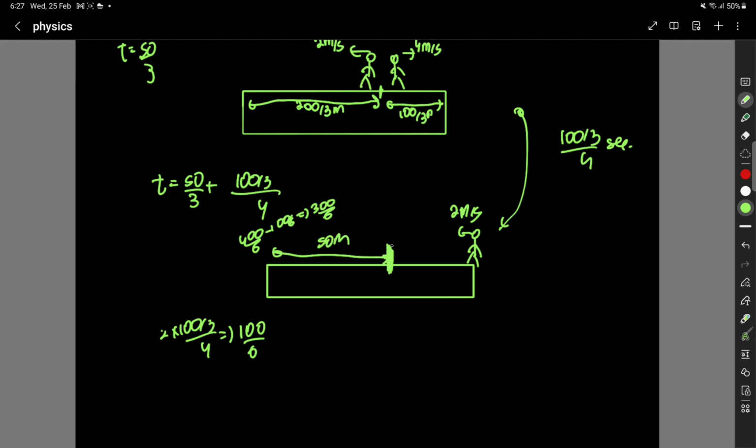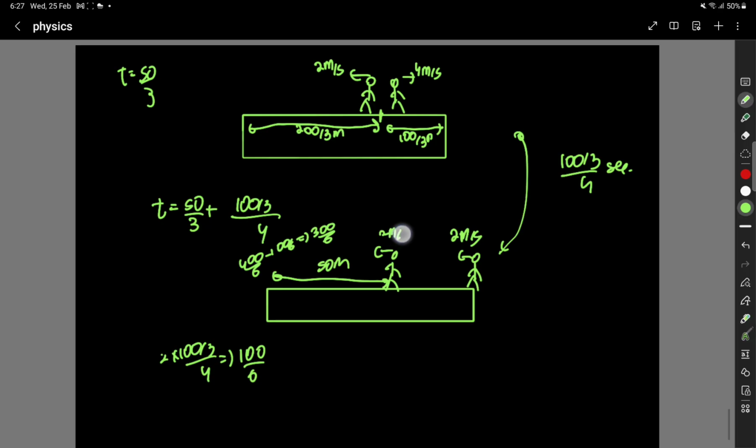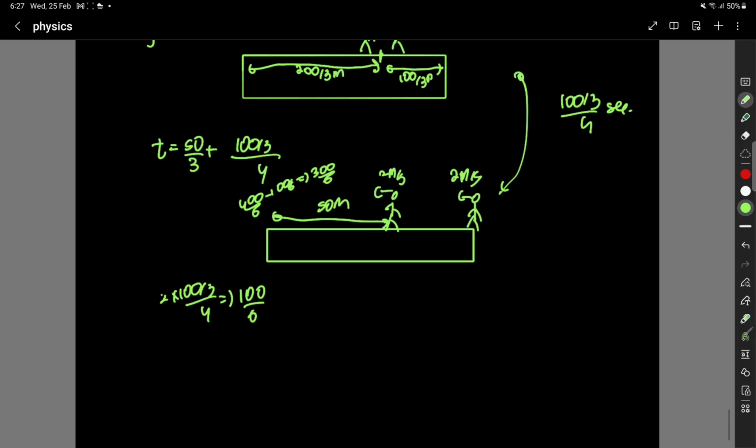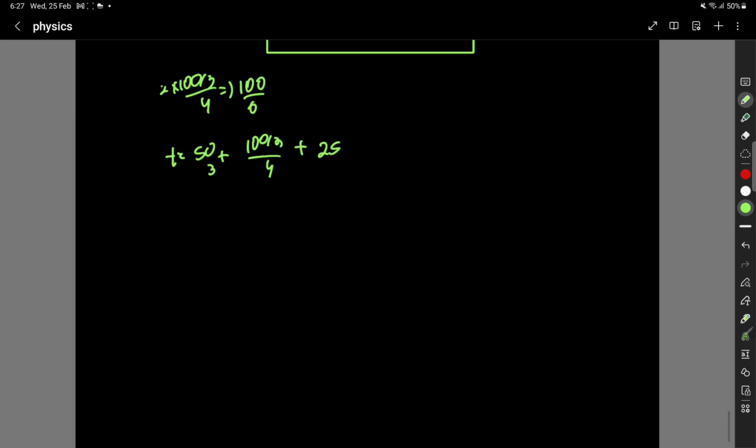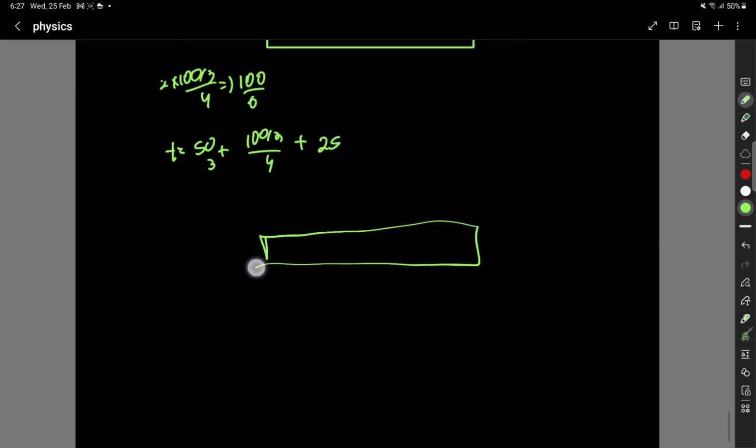We will be at 50 meters, and he is still walking at 2 meters per second. Now after t is equal to 50 by 3 plus 100 by 3 by 4 plus another 25 seconds, right?